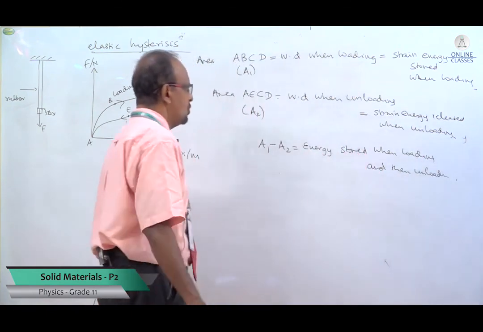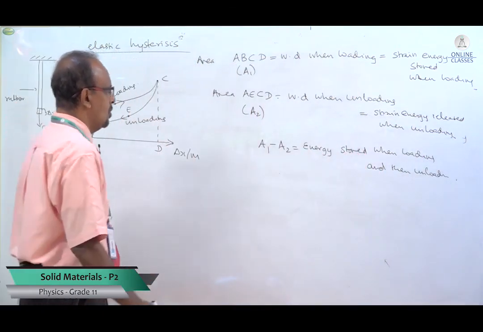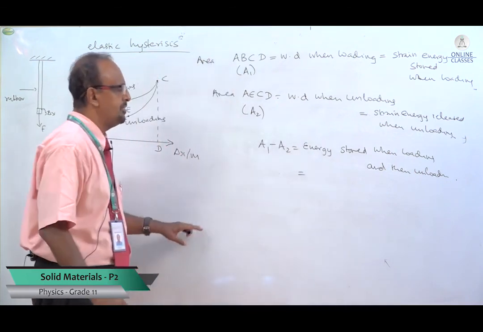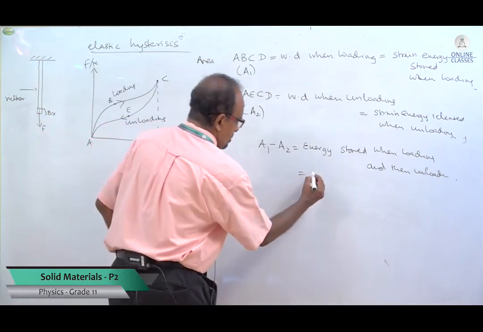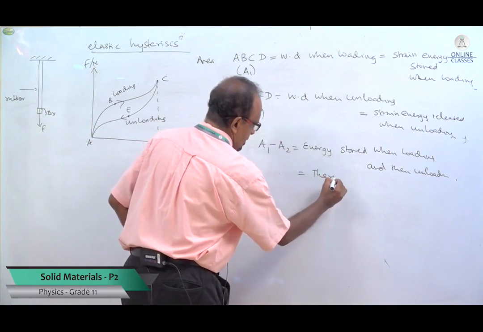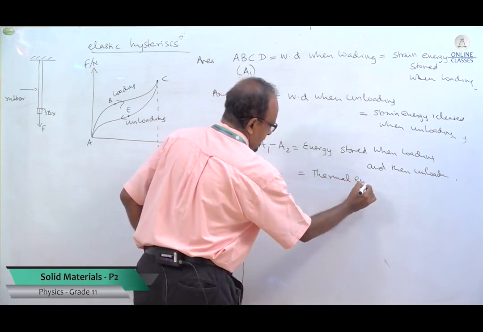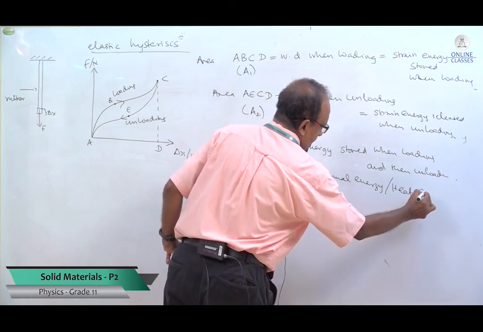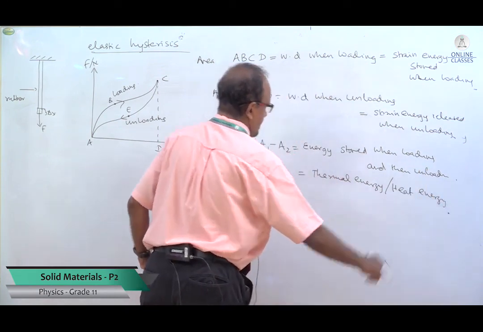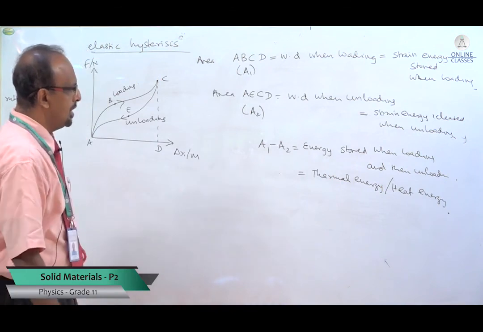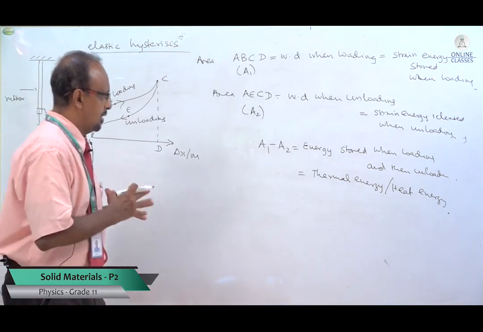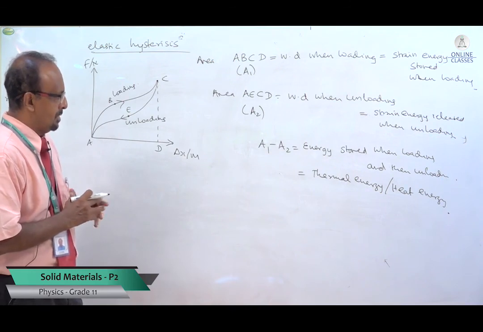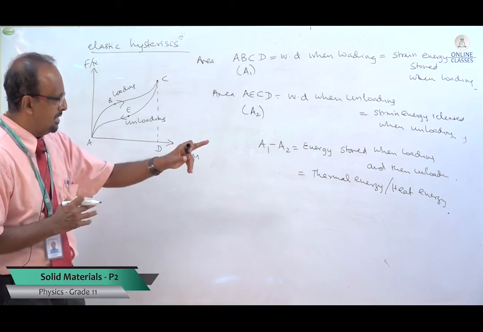That is not strain energy; that is stored energy, which we call thermal energy, or heat energy. So energy stored when loading and unloading gives thermal energy or heat energy.